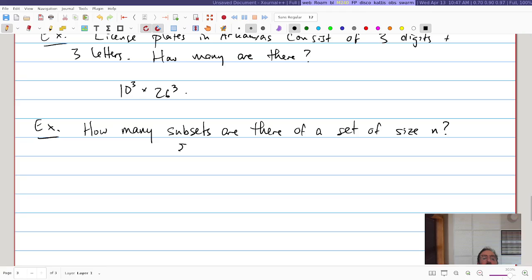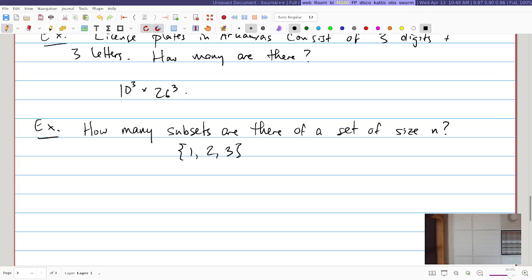So if I have a set, let's say 1, 2, 3, it has a bunch of possible subsets. I could have the empty subset. I could have 1 and 3, I could just have 1, 2 and 3, just 2 by itself. There's a bunch of different subsets I could do.